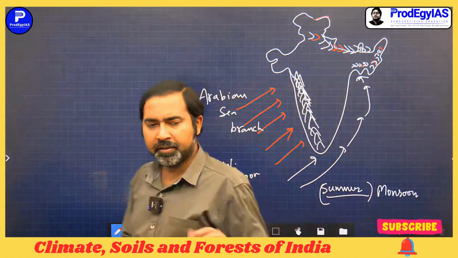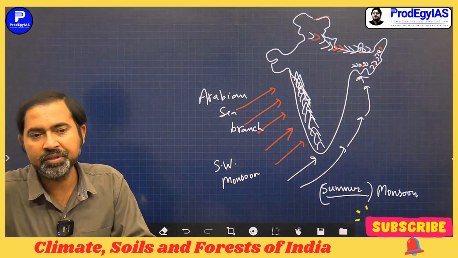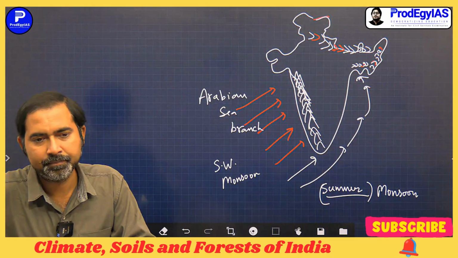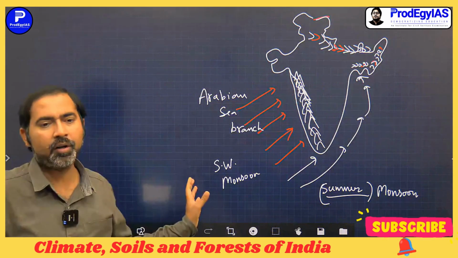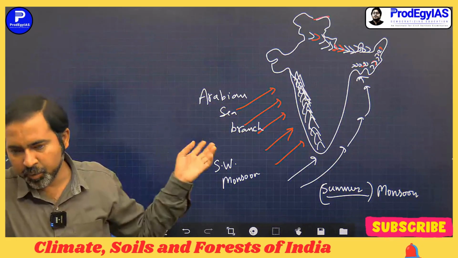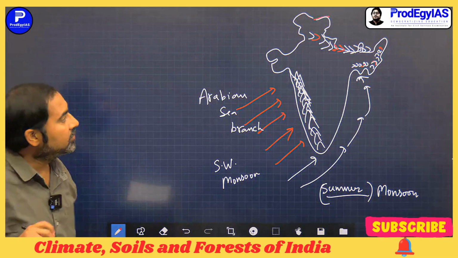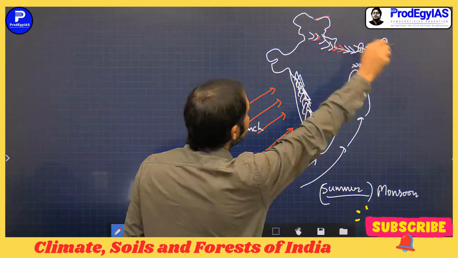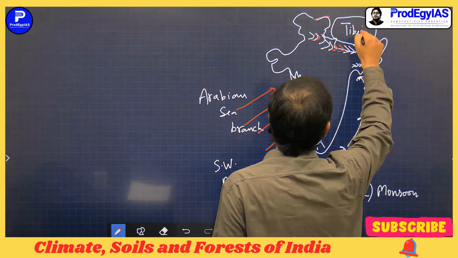What are the factors of the origin of monsoon? How does it originate? Because of the differential heating of land and water. Largely, they are originating because of that factor, but other factors also that I discussed in the jet stream topic. Here is a plateau, Tibetan plateau.